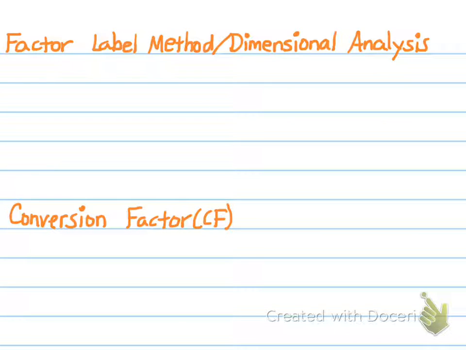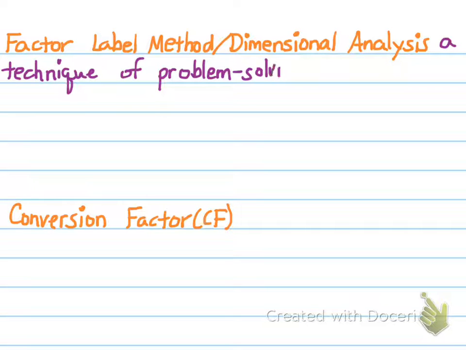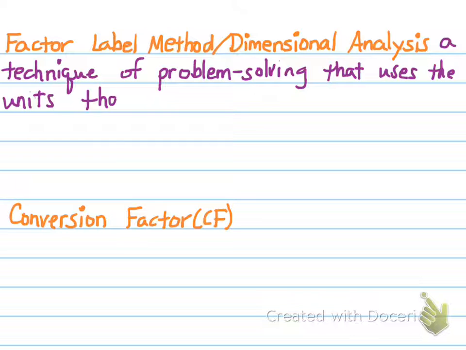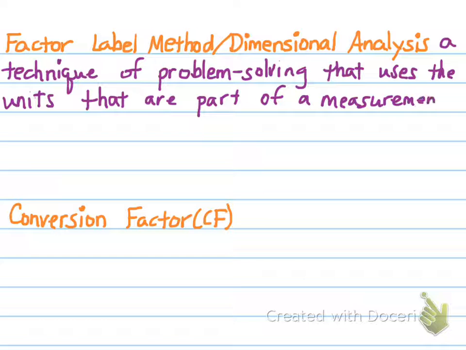Lastly, what we've just talked about recently, this factor label method or dimensional analysis is a technique of problem solving that uses the units that are part of a measurement to help solve the problem.